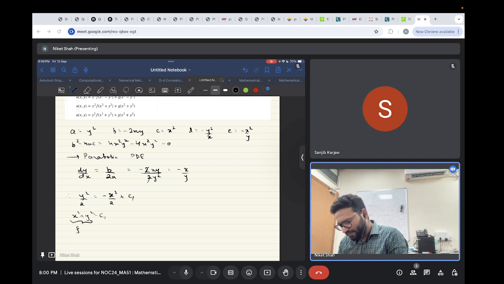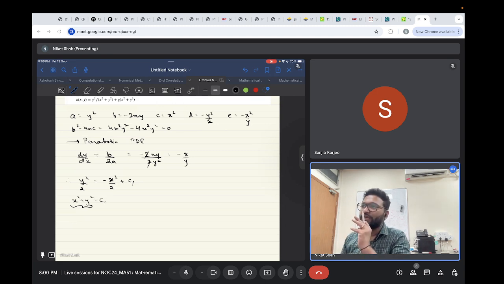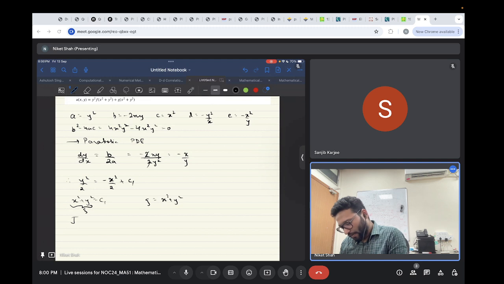Now once I've determined what zeta is, I have to choose some form of eta. How do I do that? Well, there are a lot of possibilities, but they should basically give a Jacobian that is non-zero. That's the only requirement. This is my zeta, so zeta is equal to x square plus y square. Now what is the Jacobian?